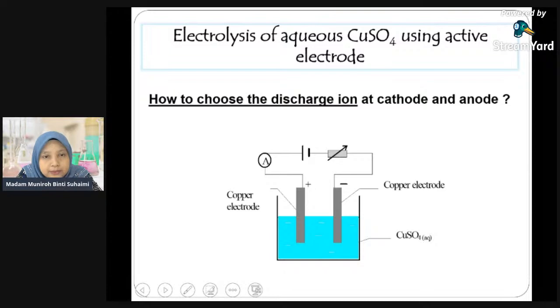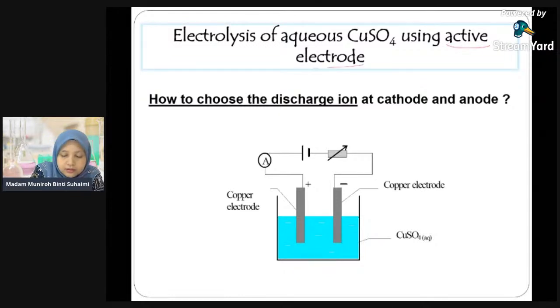What will happen if we use active electrode? What will happen? What product do we select there? How do we choose the discharged ion at the cathode and anode? Active electrode: the electrode we use here is copper electrode at the anode and also copper electrode at the cathode.